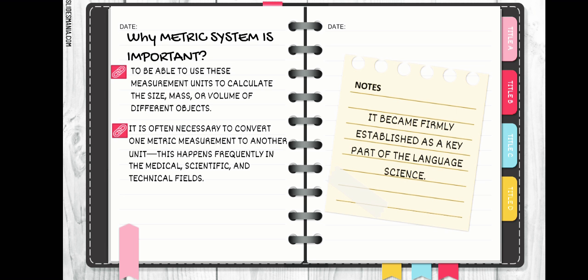And it is necessary to convert one metric measurement to another unit because it frequently happens in the medical, scientific, and technical fields. It is firmly established as a key part of the language of science since it's really helpful and useful in the science community.